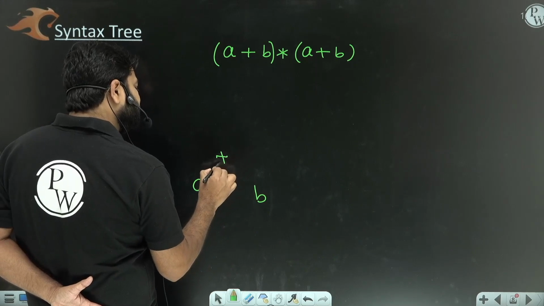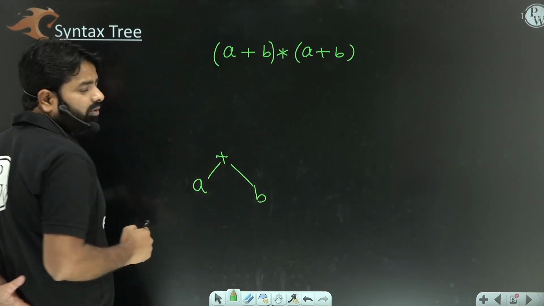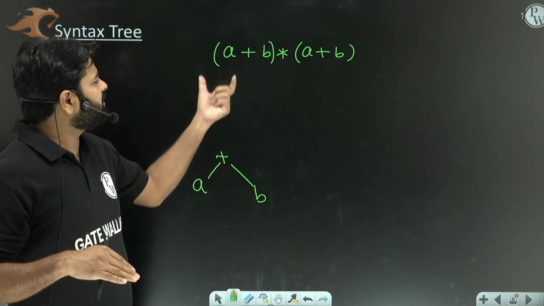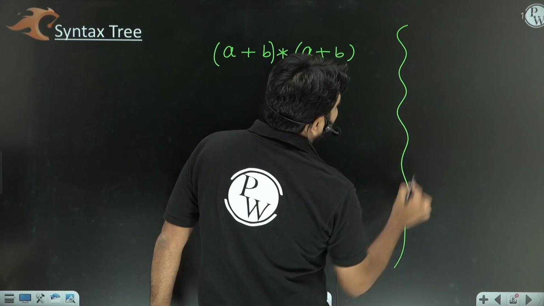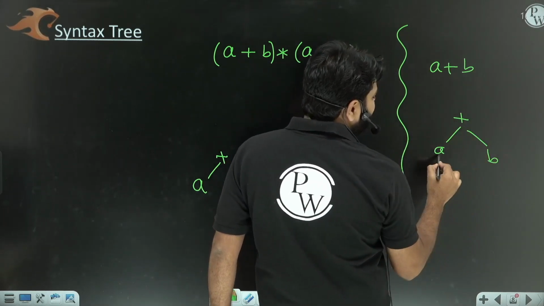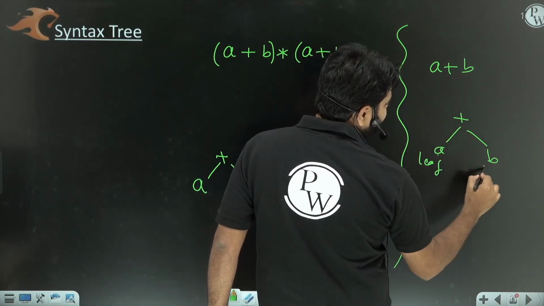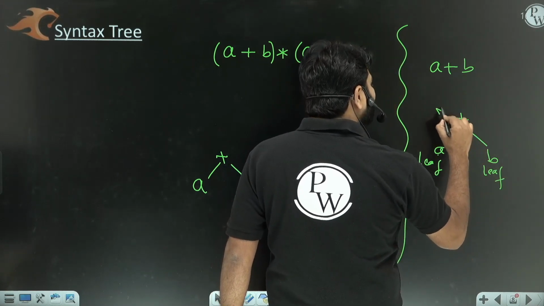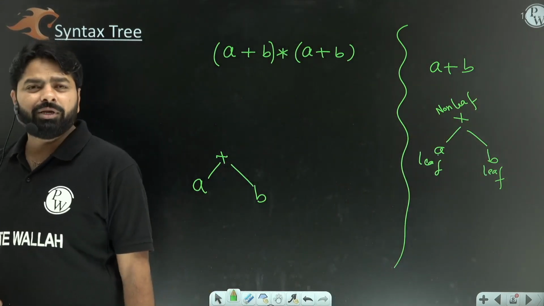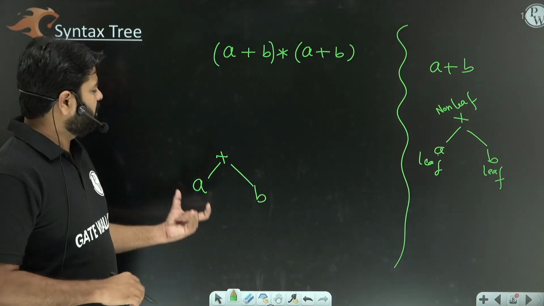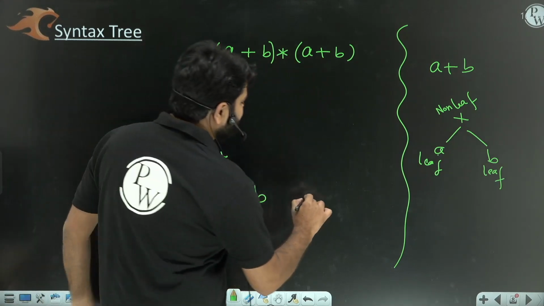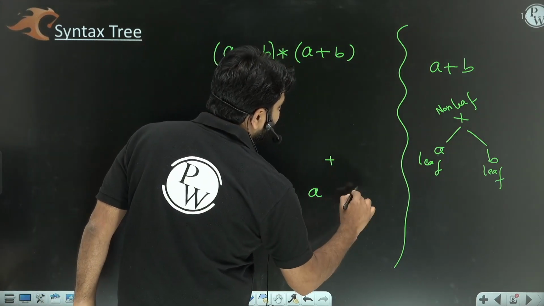Here, for the intermediate nodes we always use operators, and for leaf nodes we use operands. So always remember, if you have an expression like this, you make a tree with plus, A, B, and these are leaf nodes. This is a non-leaf node, maybe an intermediate node or maybe the root, depending on the expression. Now A plus B is the LHS of multiplication and A plus B is the RHS of multiplication.